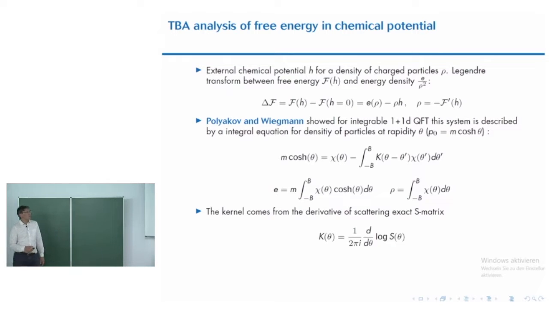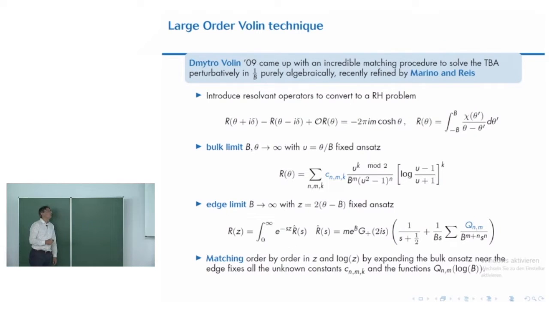Okay, this is quite a nasty equation. Good luck solving that. And this guy did something I think is astonishing. It's one of the most technical tour de force papers I've read. Volin understood how to solve that integral equation to very large orders in an asymptotic expansion in 1 over B, or in H. Okay, and there were some technical tricks.